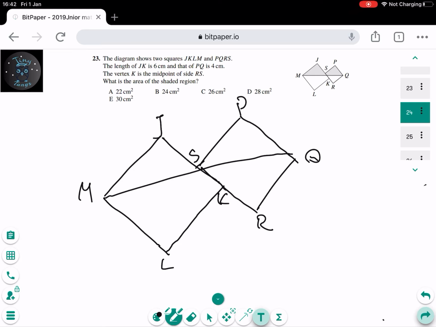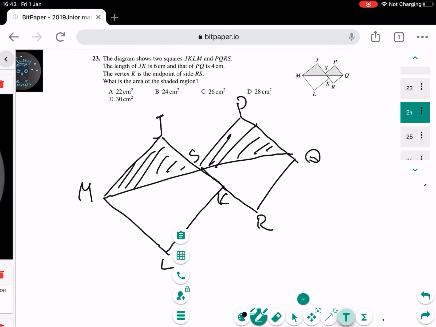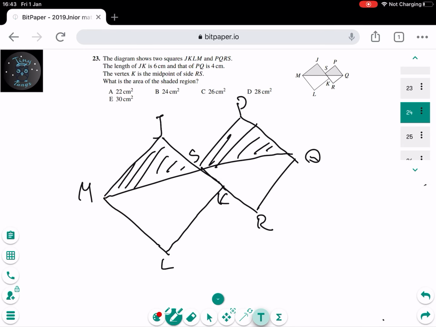So what we need to do here is enlarge this. If we add these lines to the shape, I'll do that in another colour. It asks us what this area is. We need to put these lines in to make it a rectangle.